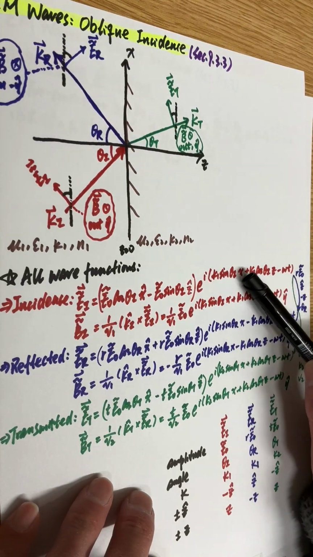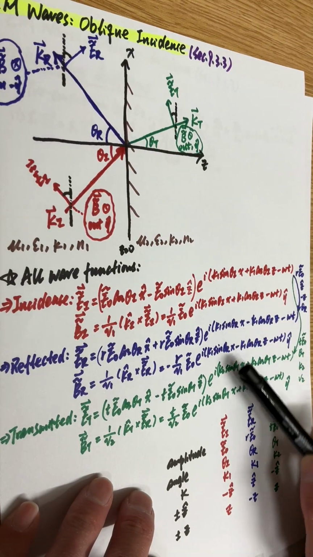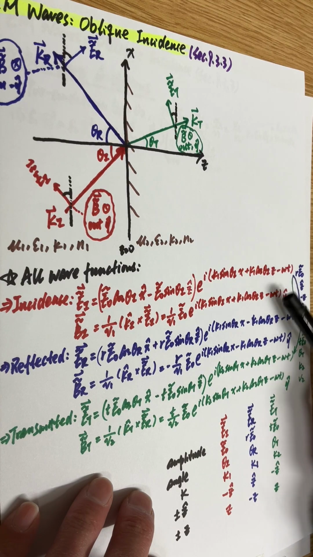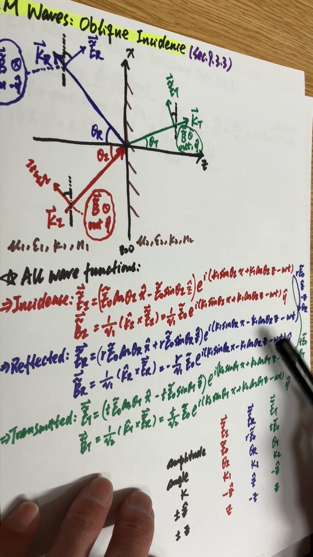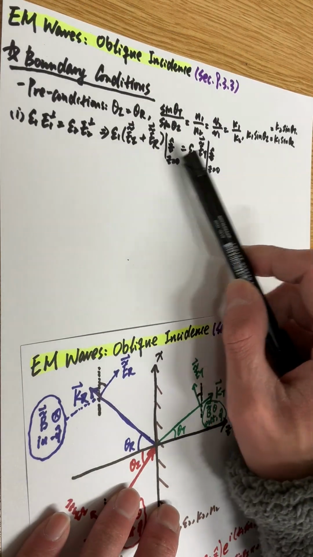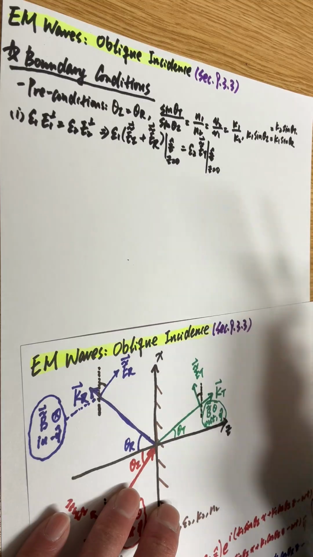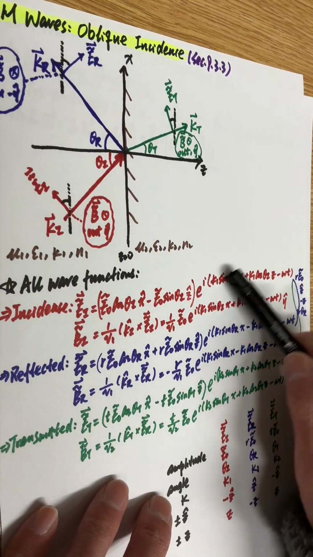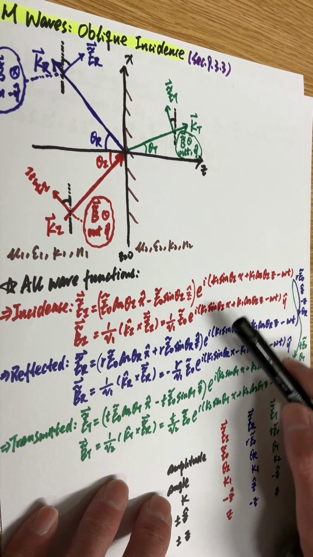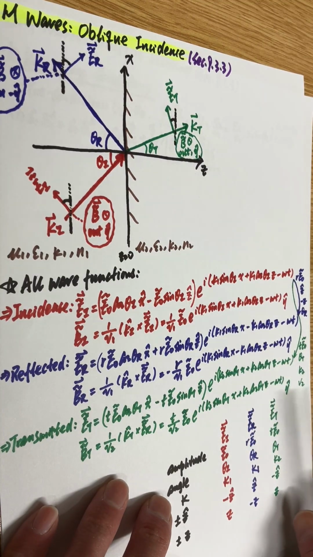So we have this term equal to this term and equal to this term. And then we have variable Z equal to 0, so this term, they are all 0. Omega t, they are all the same. So on both sides of the boundary condition, the propagation function, we don't need to care about it anymore. They are all cancelled. Okay.